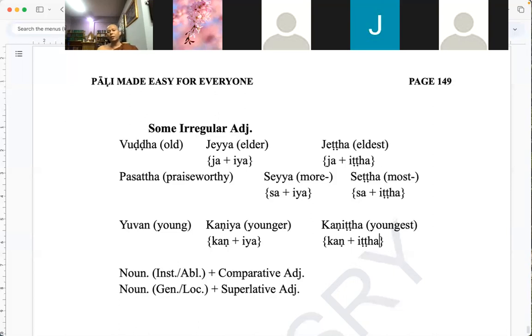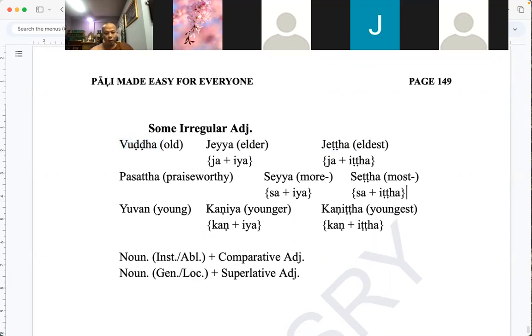So in this way, some irregular forms, even though the comparative form and superlative form are not directly related to their positive form, it can be seen. The form of the comparative or the superlative with the ER or eta can be seen here. You see? Okay.